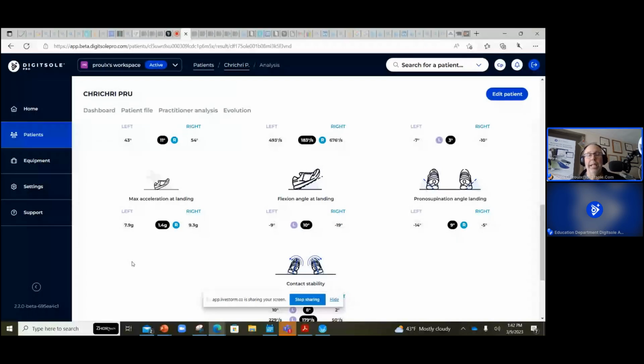Flexion angle at landing. When you do a horizontal jump, you take off from your toes. And if you do a full reach out, if you watch this on an experienced jumper, okay, we don't land on our toes when we do a horizontal jump. We typically land on our heels or on a relatively flat foot.